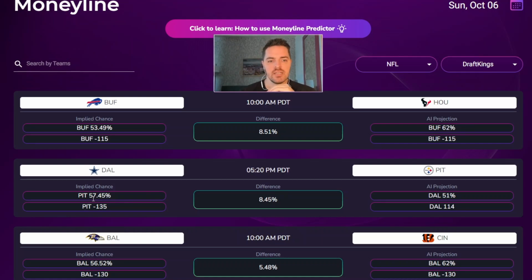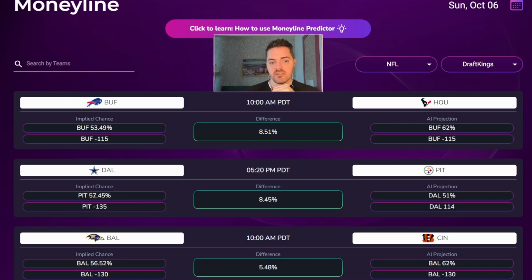So this one has Pittsburgh. The current money line for Pittsburgh on DraftKings is Pittsburgh minus 135, which again is just math. That also means Pittsburgh has a 57.45% implied chance from the books. So books are giving Pittsburgh a 57.45% chance of winning. The AI is saying Dallas actually has a 51% chance of winning.